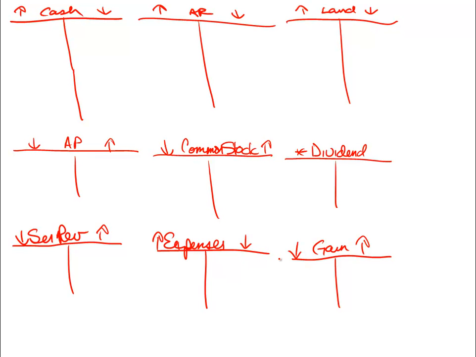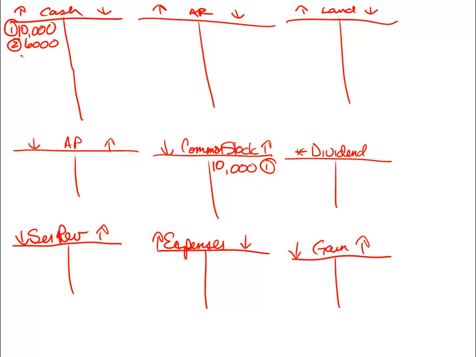So let's post quickly. So the first one, we have a debit to cash for $10,000. And we have a credit to common stock for $10,000. And by putting a little 1 by it, I know the debit and credit go together. And number 2, we debited cash $6,000.